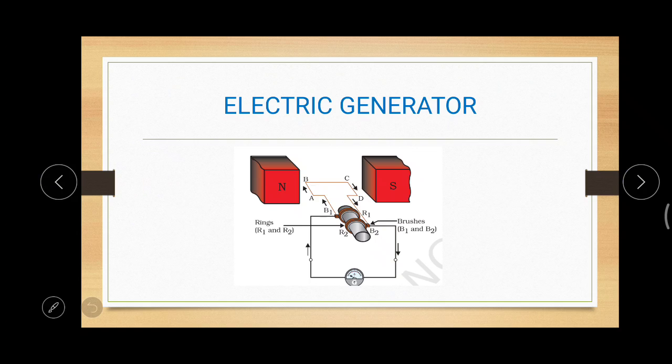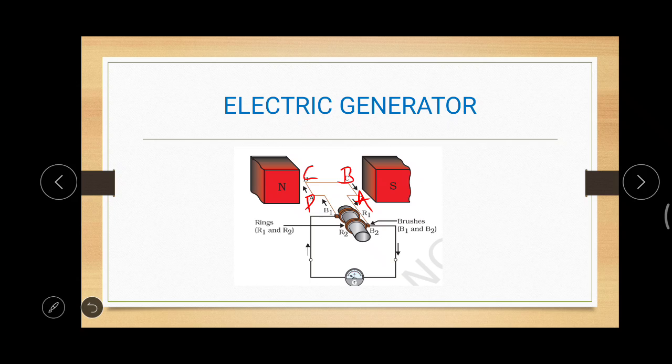Now consider half of the rotation is finished. That means AB will reach here and CD will reach here. Okay. So the next naming will be like this. So this is D, this is C, this is B, and this is A. And AB should always be in contact with B1, isn't it?